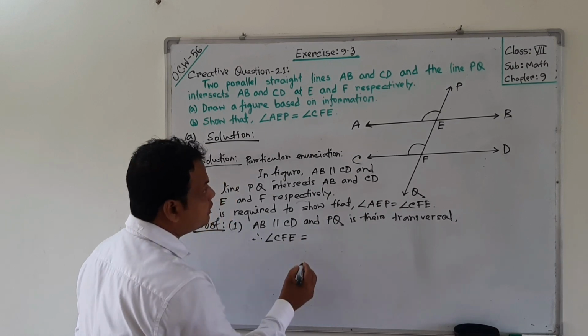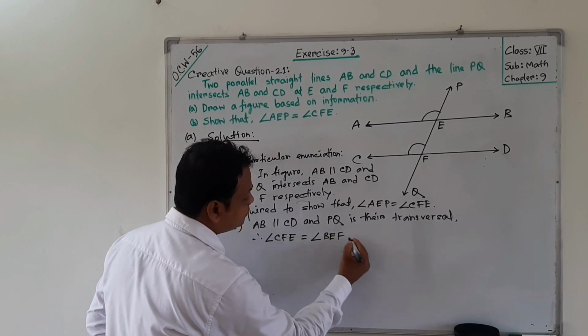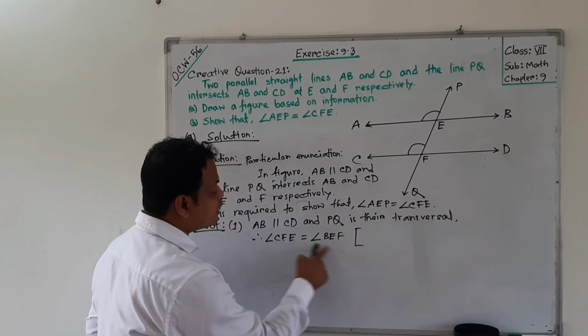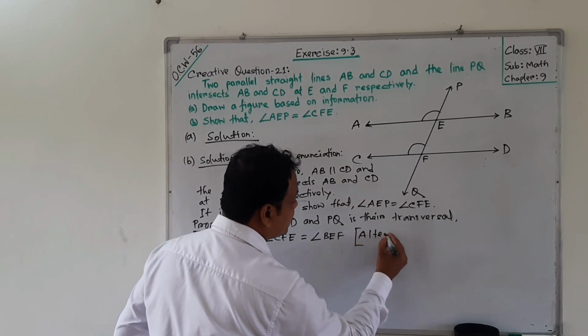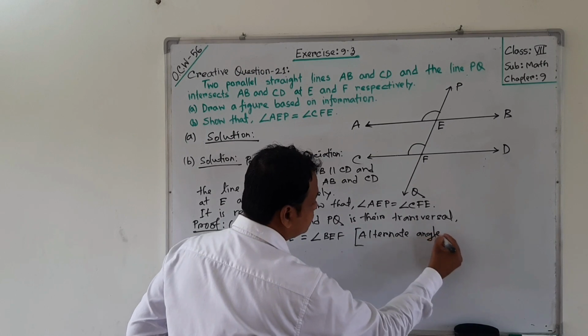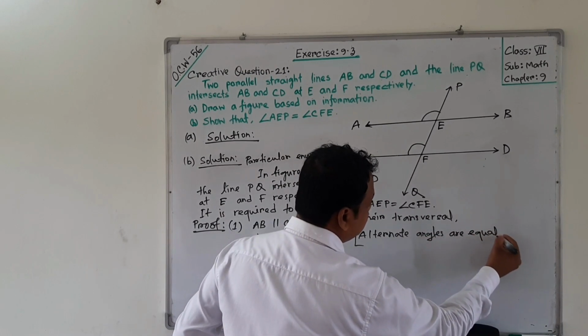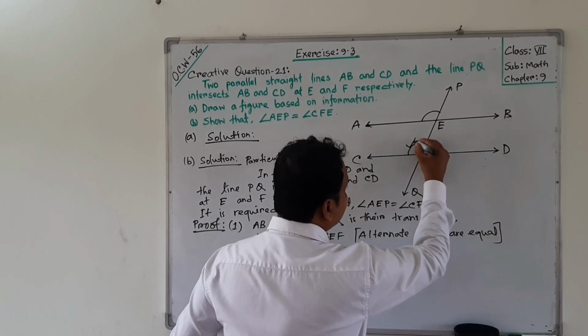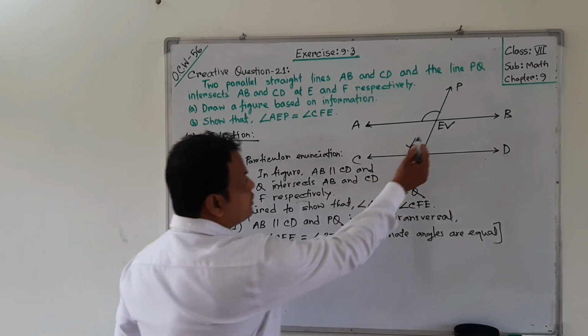equals angle BEF. These two angles are equal because they are alternate angles. So we know alternate angles are equal. So this is the transversal.